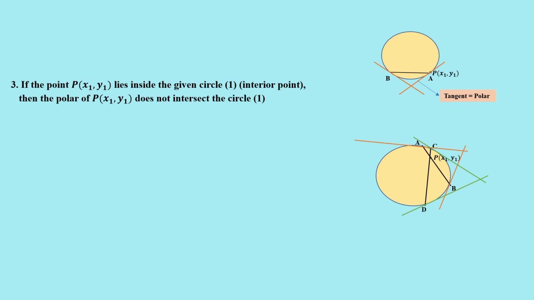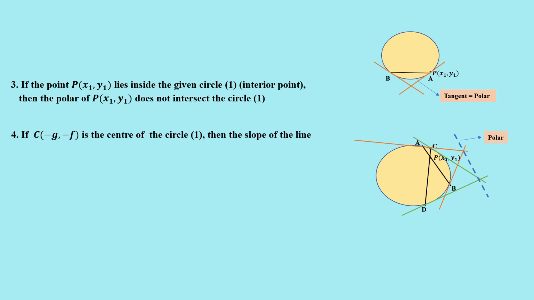You can draw so many chords through P. Then draw the tangents at A and B, which intersect at one point, and at C and D, which intersect at one point. So that is two brown lines, two green lines. The point of intersection is the locus of the polar. So this is called the polar.